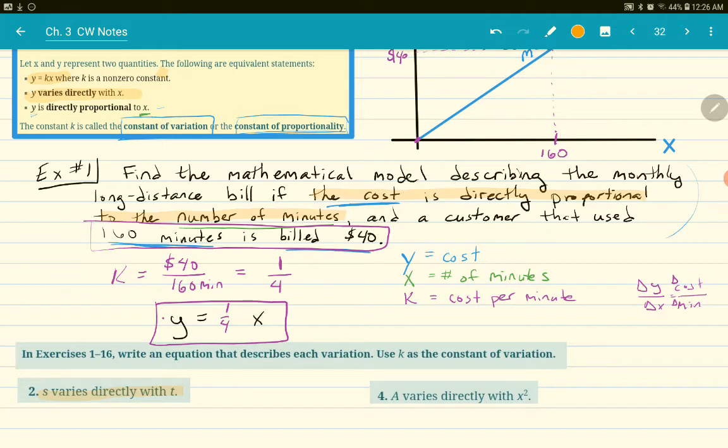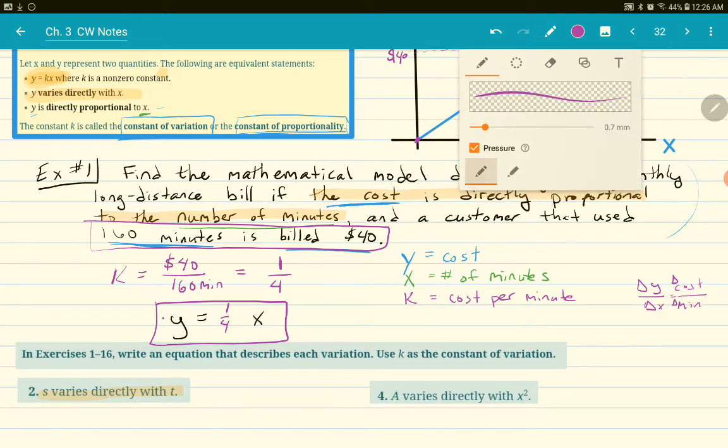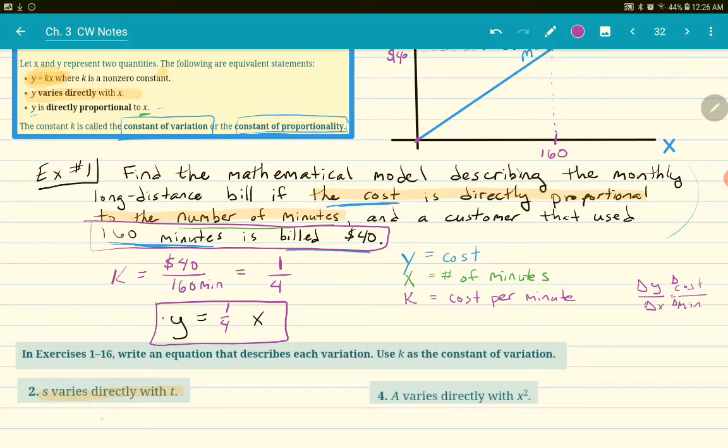So S is the y and T is the x, which, looking back at the equation, gives me S equals KT. Then to find that equation, I would just have to search for the K.